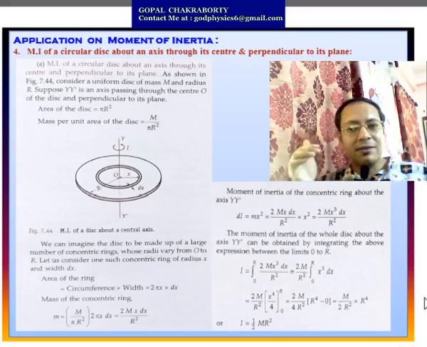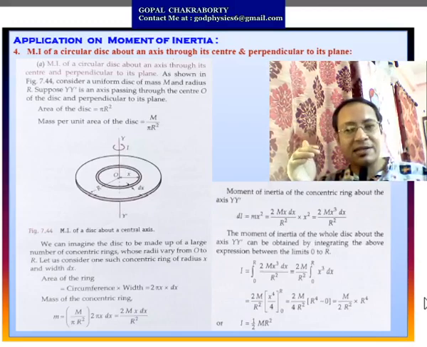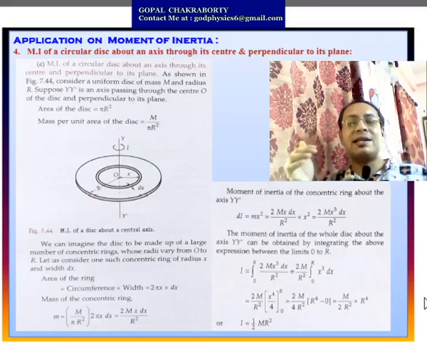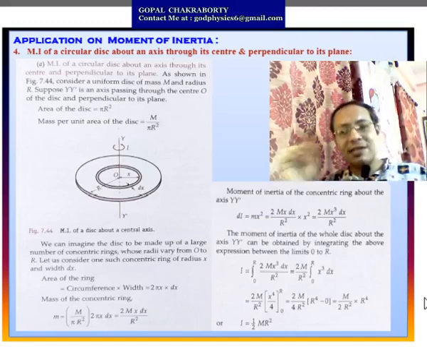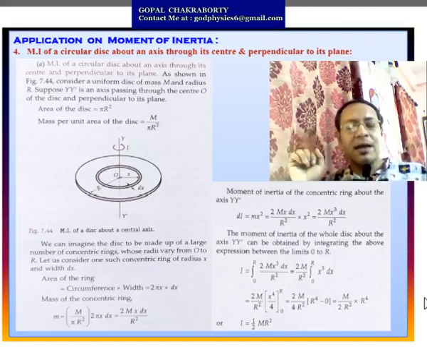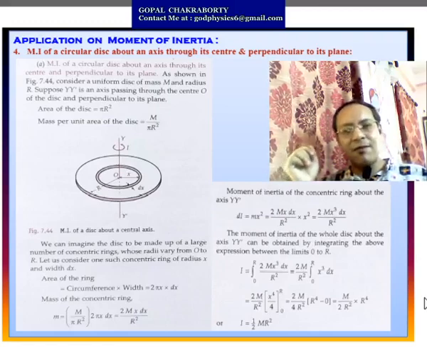So the mass of the concentric ring will be M by pi r square times 2 pi x dx. After solving, that gives you 2 M x dx by r square. That is denoted as small m, the mass of that small ring. Now try to find the moment of inertia for that ring.